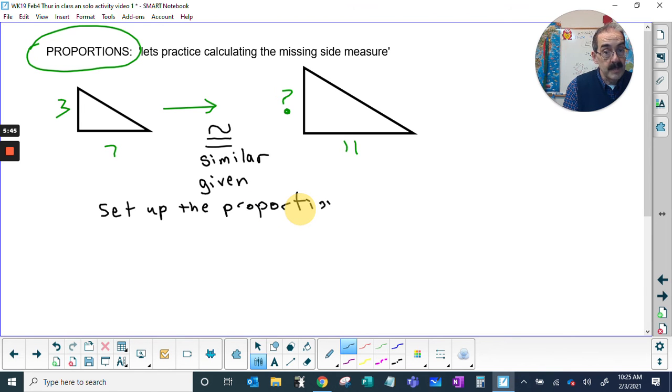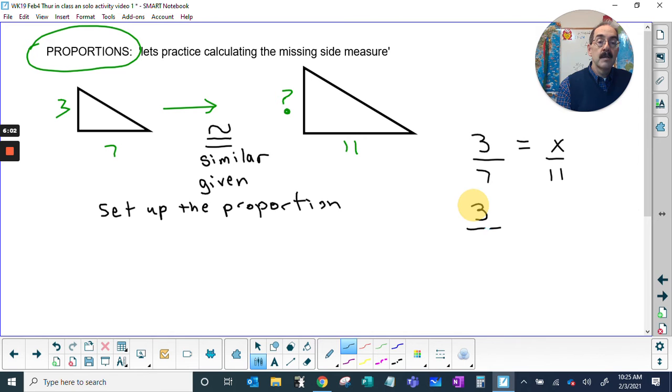Okay, now lots of different ways to do it. 3 to the question mark as 7 to the 11. Okay, you could do 3 to the question mark as 3 to the question mark, 3 question mark, 7, 11.